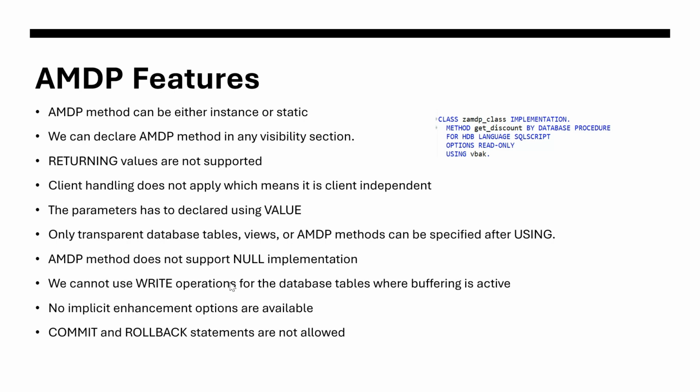If you don't know about buffering, I have created a video on buffering and types of buffering explained in a detailed way. Please go and watch that one so that you will understand what buffering means. And we don't have implicit enhancement options available, even though it is a database one, like we are writing the code on the database, we don't have those implicit enhancement options.